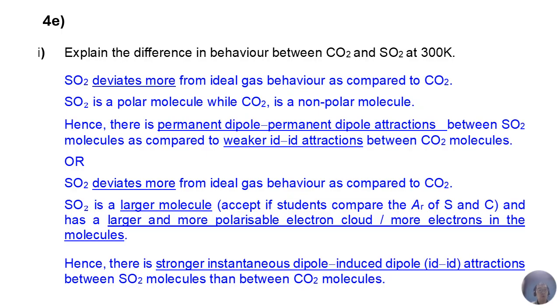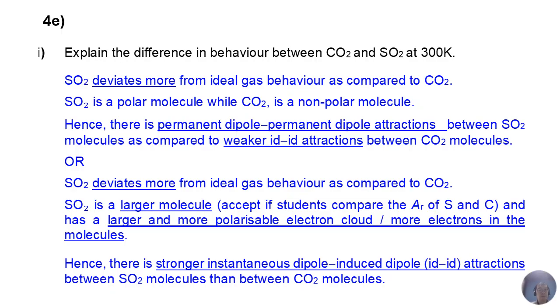So why does SO2 deviate more? There are 2 possible explanations because it's a 1 mark question. So you can point out that SO2 is a polar molecule while CO2 is a non-polar molecule. So the PD-PD forces between SO2 molecules are stronger than the weaker ID-ID forces between CO2 molecules.